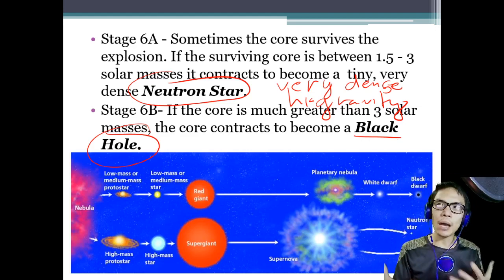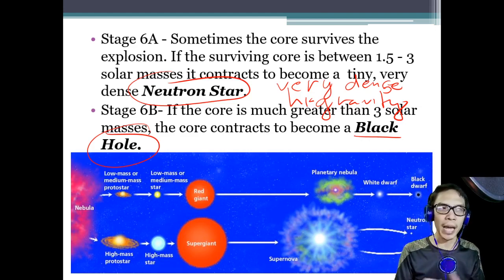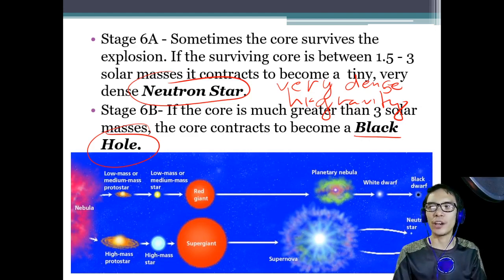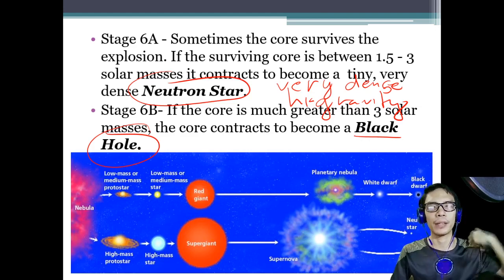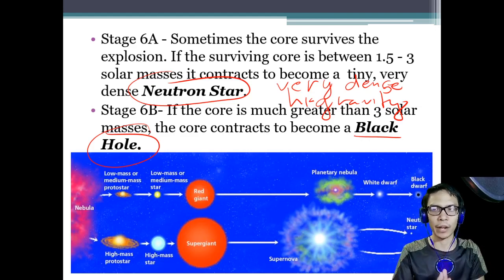Basically, the black hole distorts the space-time fabric in the universe, so it affects how gravity acts on the objects around it. Even light cannot escape a black hole.